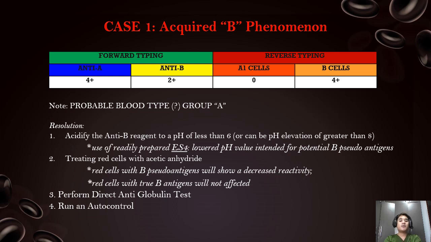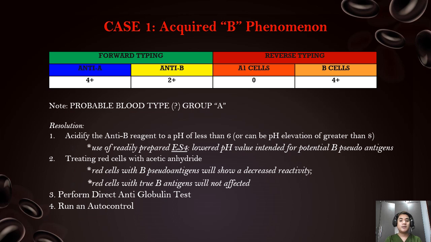Okay, class, remember that in an acquired B phenomenon, the bacterial enzyme deacetylates the N-acetyl-galactosamine of the A antigen, modifying it into D-galactosamine that resembles your B antigen, which is actually responsible for the cross-reactivity to your anti-B in the forward grouping.